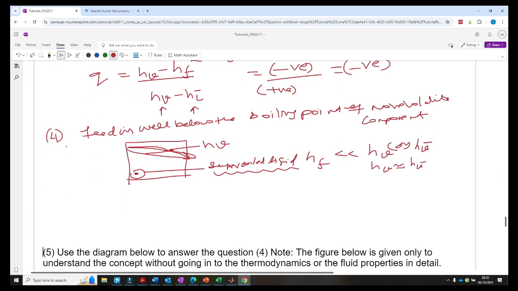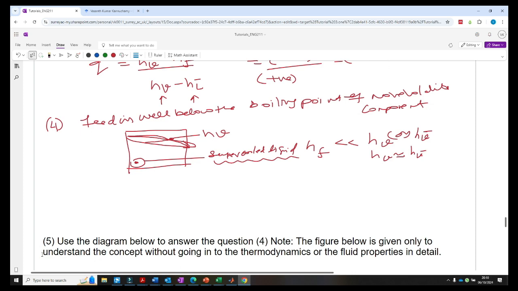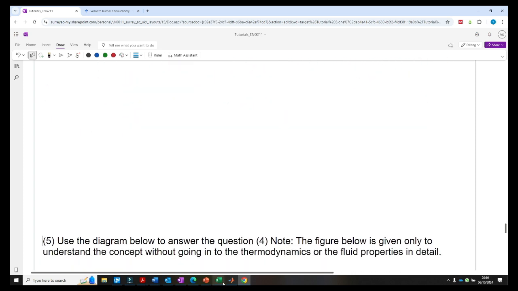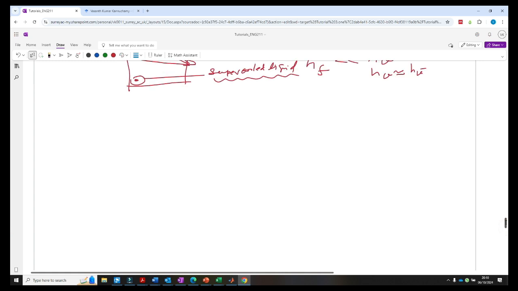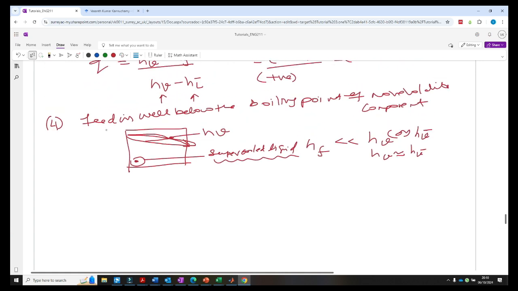So in that case, let's write Q is equal to HV minus HF divided by HV minus HL dash. For sure we know that HF is much smaller, relatively smaller when you compare to HV.